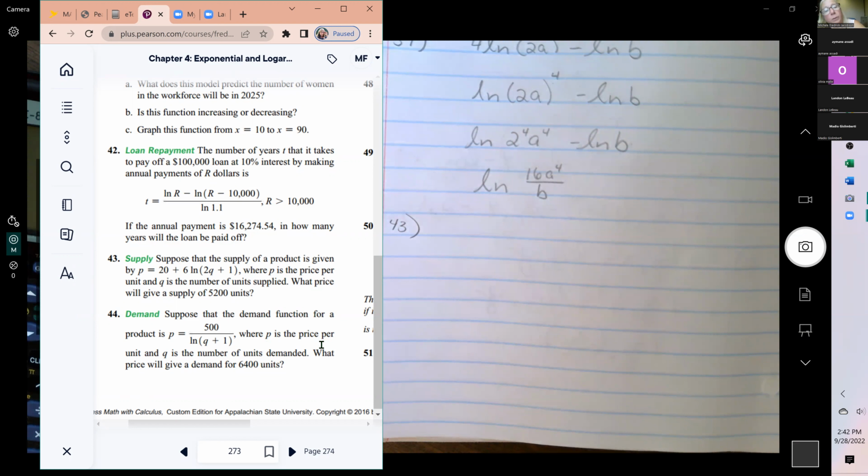What price will give a supply of 5,200 units? So Q is the number of units and 5,200 is units, so we're plugging that in for Q.